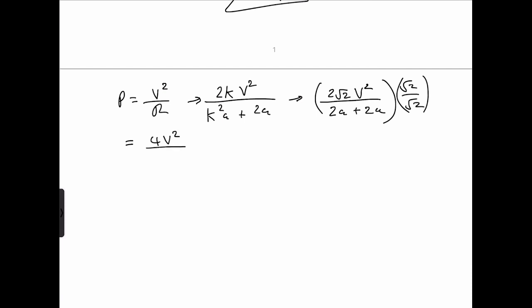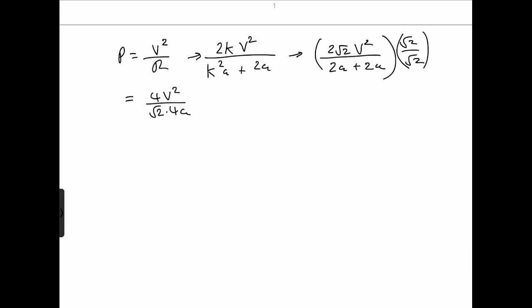And down the bottom, we get the square root of 2 times 4A. 4 and 4 cancel out, so then we have V squared all over the square root of 2 times A. So the equation that gives the maximum power is as follows.